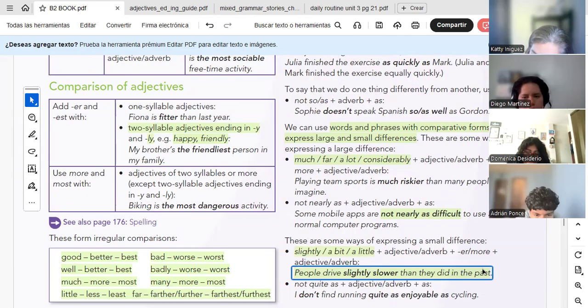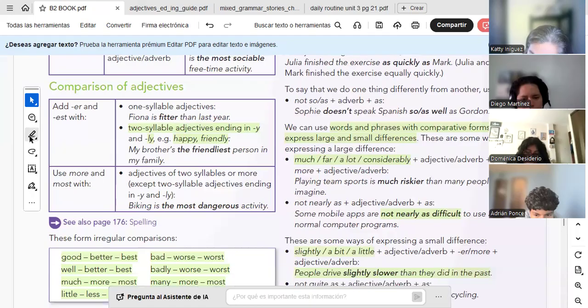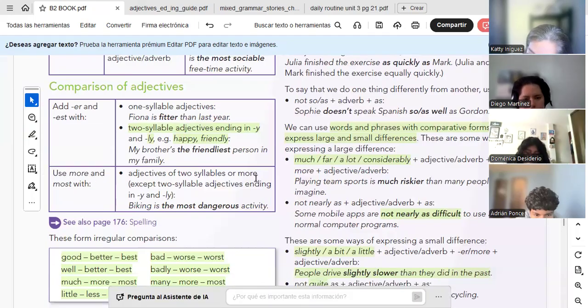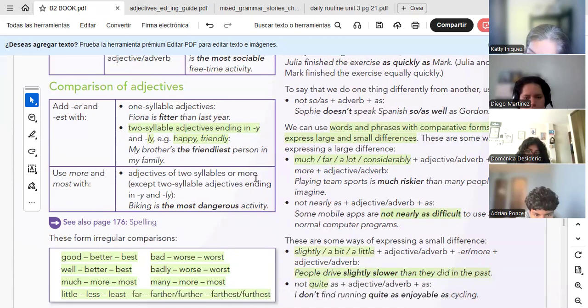Add not quite as plus adjective or adverb plus as. So, for equality, we use quite. I don't find running quite as enjoyable as cycling. No encuentro el correr tan divertido como el ciclismo, ¿sí?